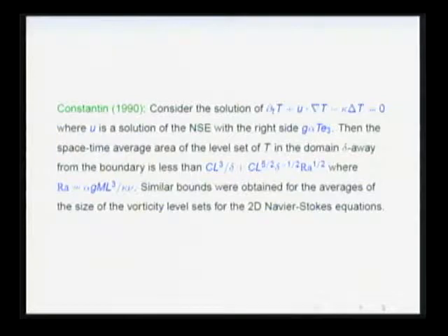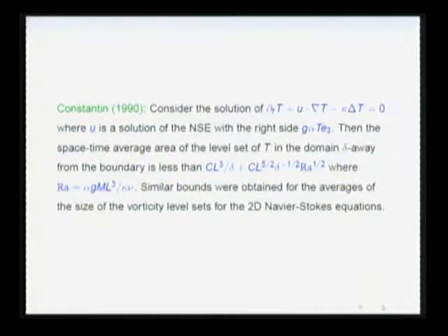Then for the Navier-Stokes equations, that was the motivating result for me, and also for the Bénard convection. If you take the temperature evolution, it's a result by Constantin 1990. Take the evolution of the temperature, where u is a solution of Navier-Stokes with right side being the gravitation times T times a constant.